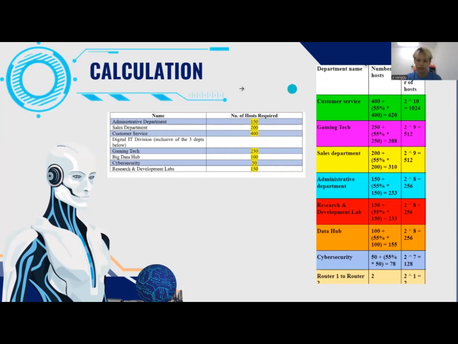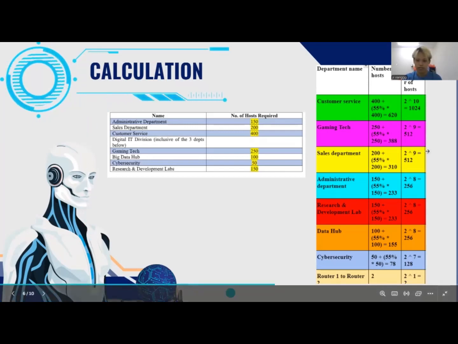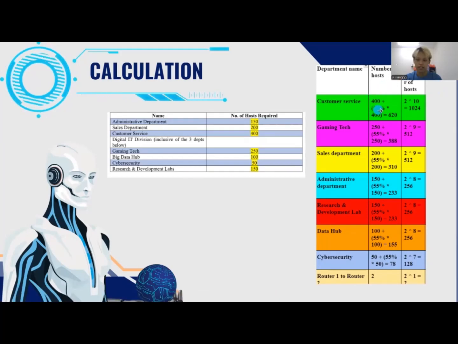So this is our calculation for the hosts needed. What is the 55%? The 55% is the required growth percentage. So we use the 55% to do the calculation to get the result.